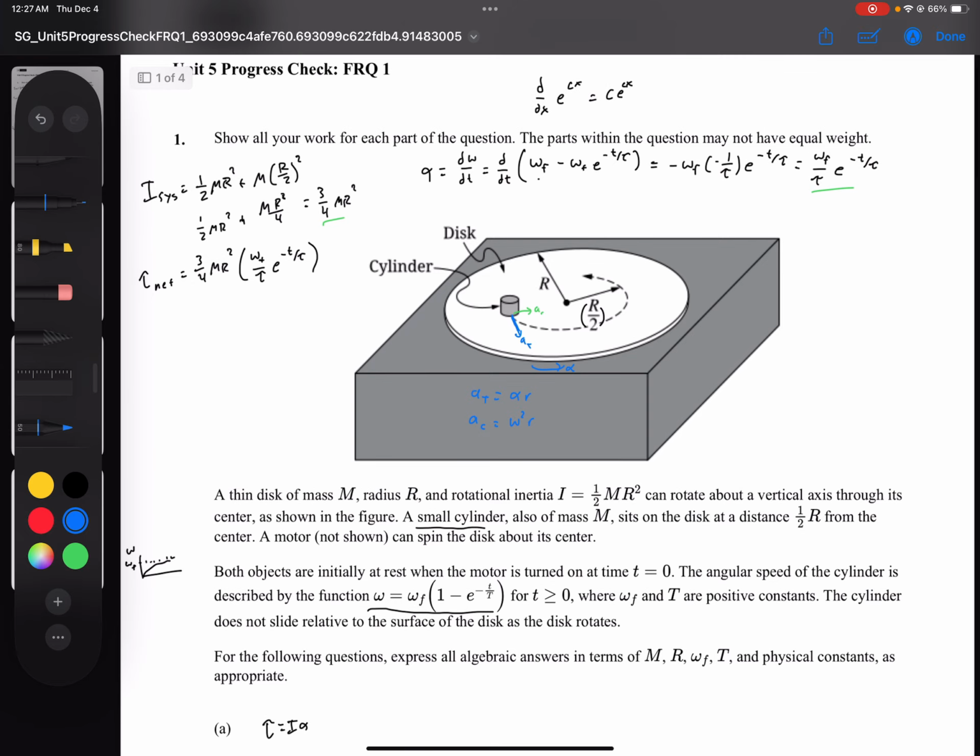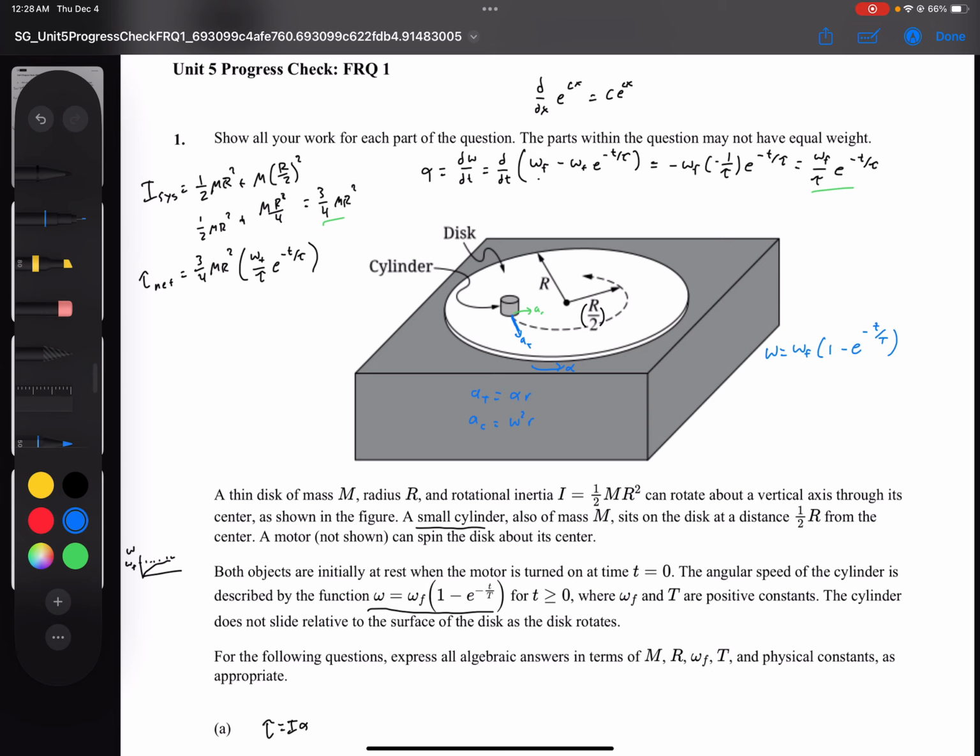So I'm going to rewrite the expression for the angular velocity of the disk. So omega is equal to omega f times 1 minus e to the negative t over capital T.